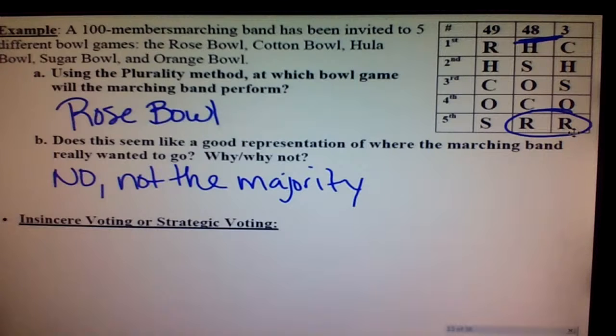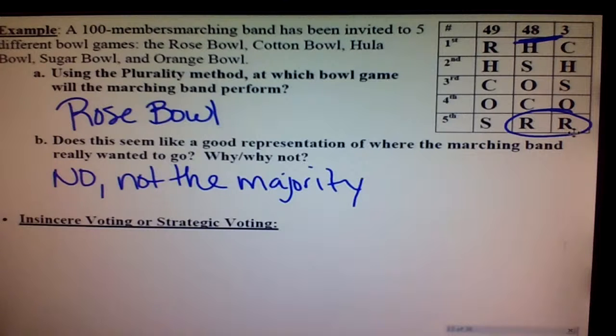This brings me to our last thing for this section: insincere or strategic voting. So we're going to do it this way, and I'm going to pick on myself because I can. We've got 3 people running.